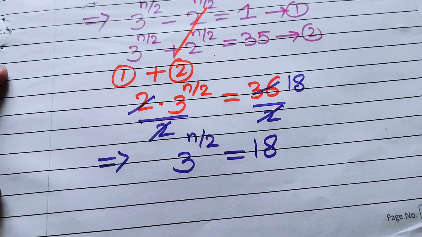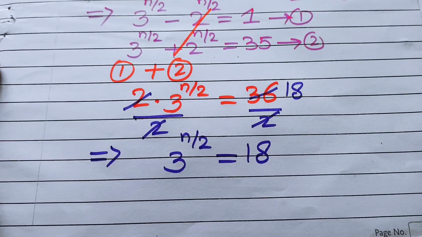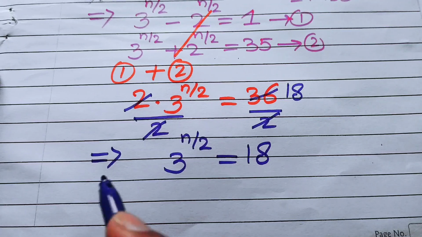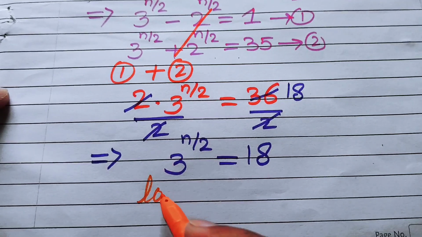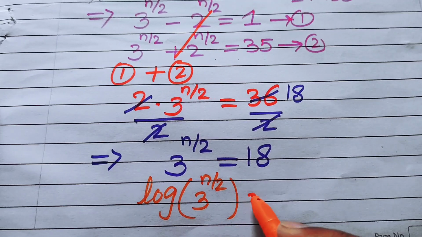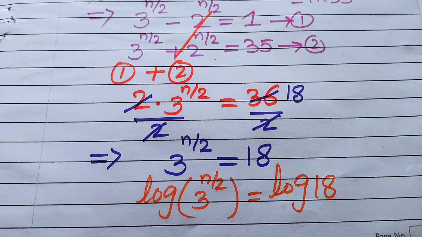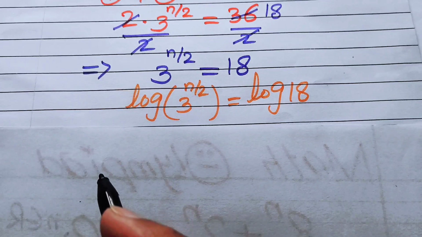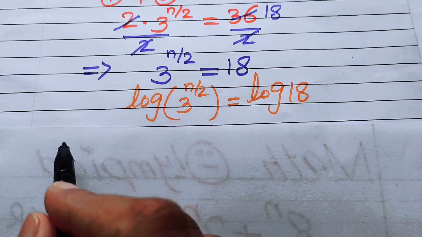And in the next step we need to find the value of n, so we will just take the natural log on both of the sides. So we take log on both of the sides, then you will get log of 3 to the power of n over 2 equals log of 18. And here we apply the property of logarithm, according to which we will move this exponent in front of the log.